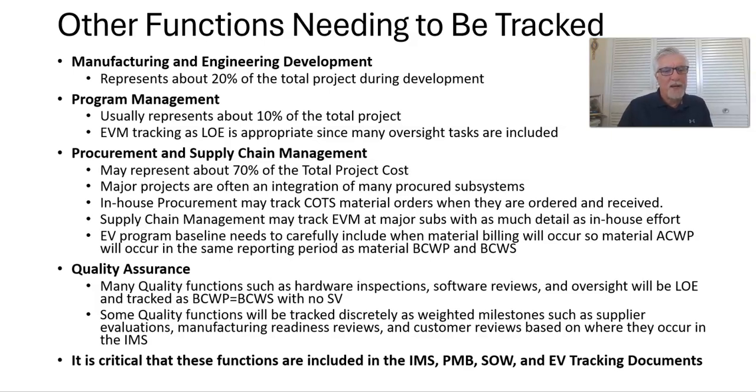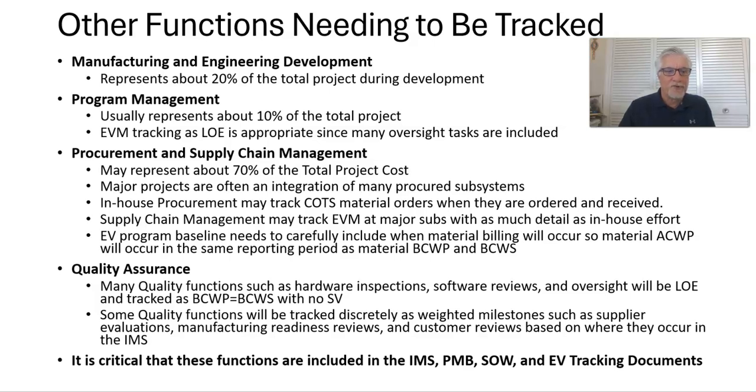So program management is your supervisors, your program managers of various functions, your team leads, oversight functions, and basically anybody else whose tasks are spread across many areas, and it's very difficult to discretely plan or determine what they're doing on a day-to-day basis.